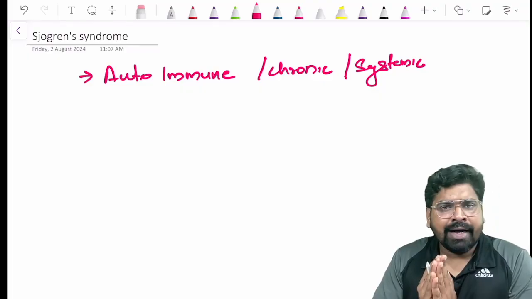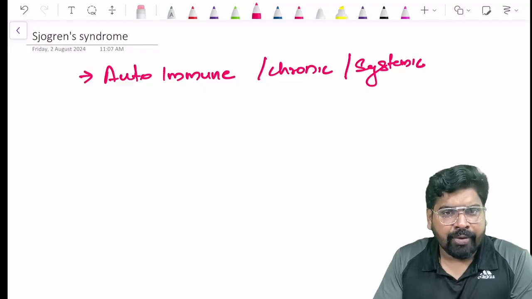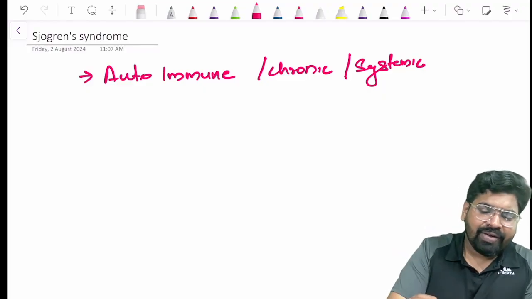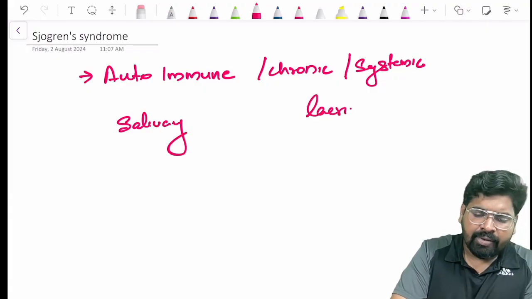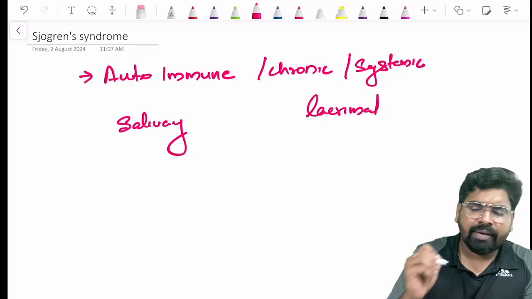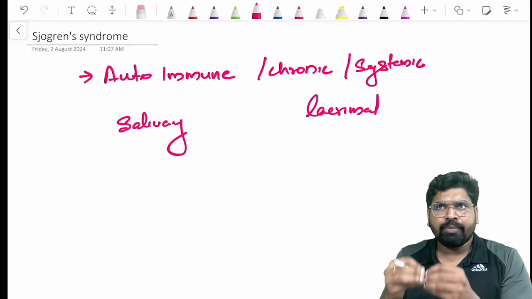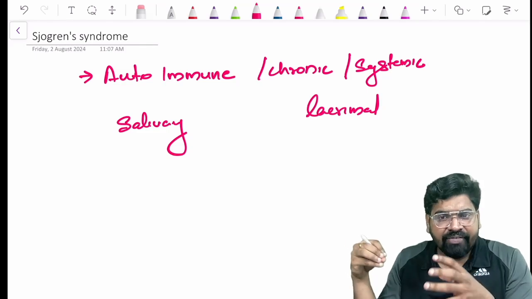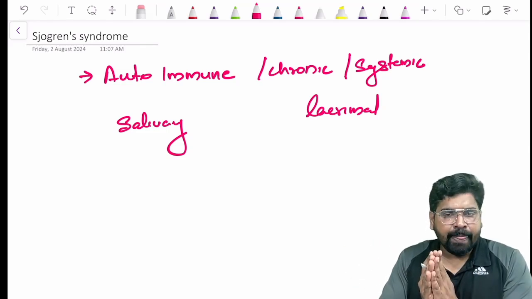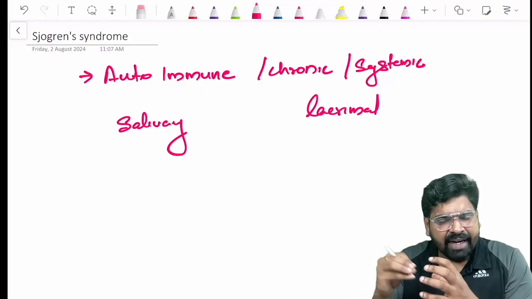Now, what are the main things you can see in Sjogren syndrome? The main thing is that your salivary gland and your lacrimal gland are affected. How are they affected? The WBCs, your lymphocytes, infiltrate into the gland.